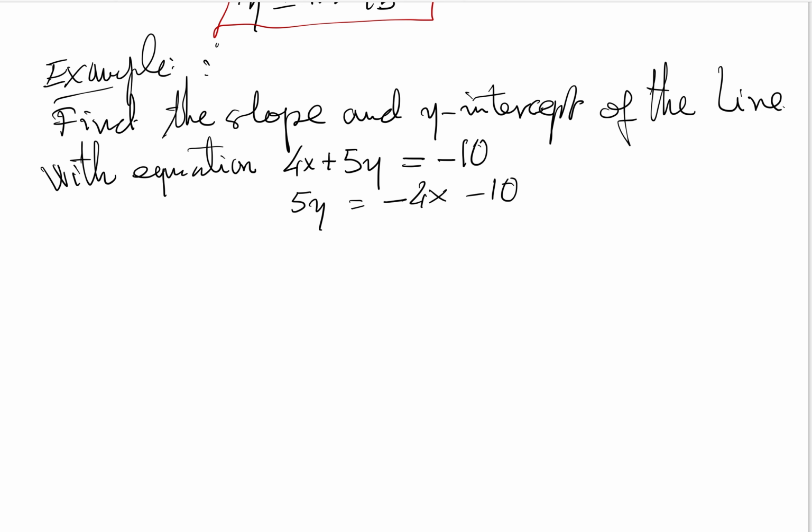Okay? And then now you can divide both sides by 5. If you divide both sides by 5, you will end up having y left here. And here you divide both sides by 5, you have -4 divided by 5 x minus 10 divided by 5. Y is equal to -4/5 x plus -2. Okay, you have this one.